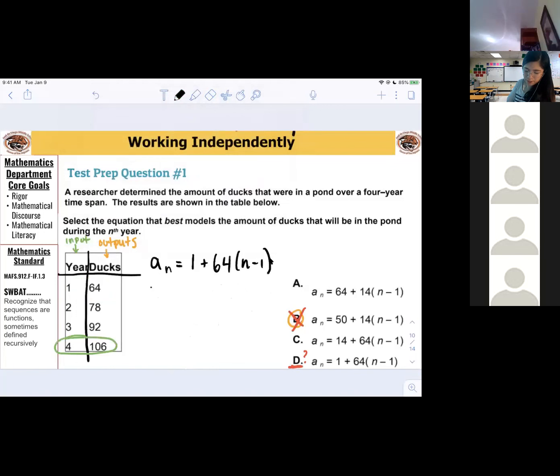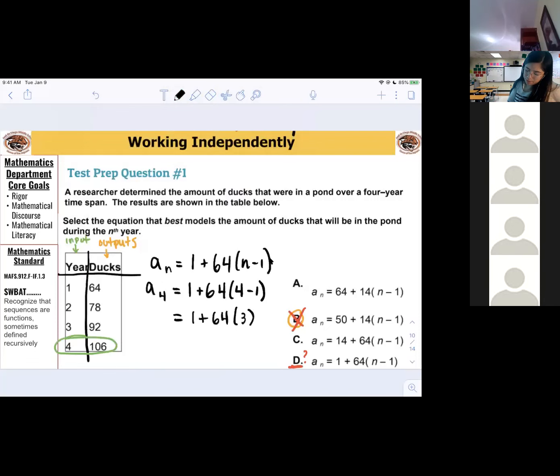So here we go. I'm plugging in a 4. And now I do my math. 4 minus 1 is 3. So 1 plus 64 times 3.